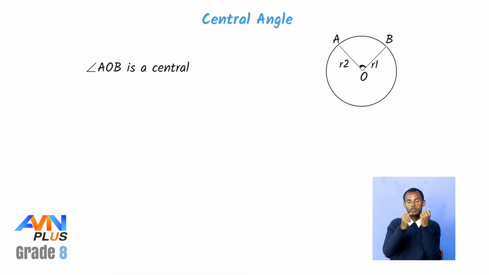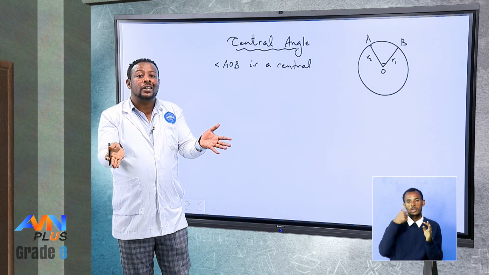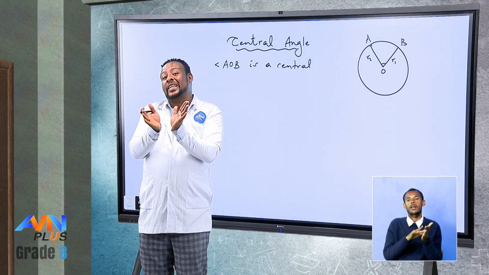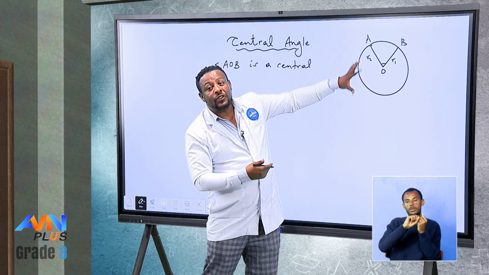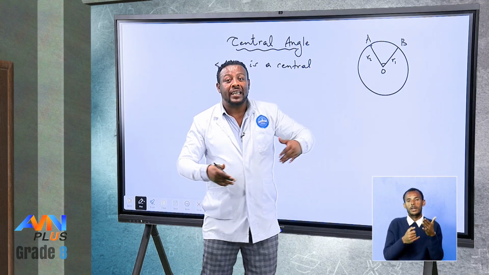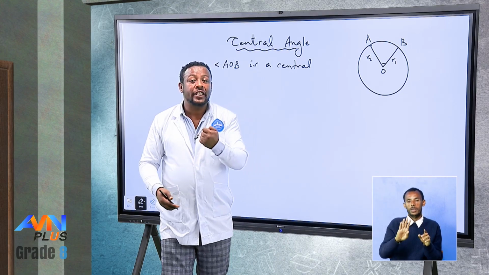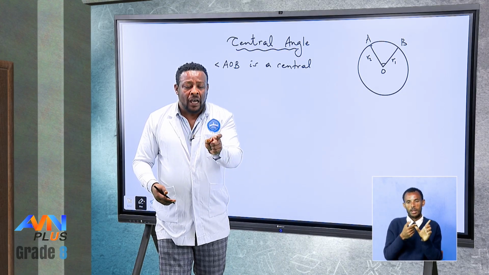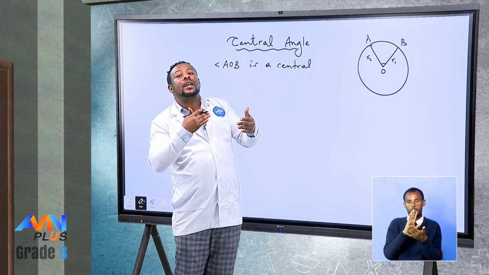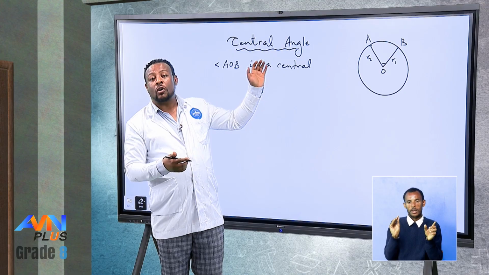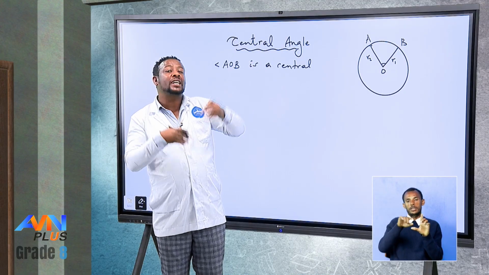Based on our definition, we already said that a central angle is an angle formed by two intersecting radii, right? So based on this definition, in this figure, angle AOB is considered a central angle. Okay, let me tell you one more important relationship between the central angle and the degree measure of the arc subtending it.